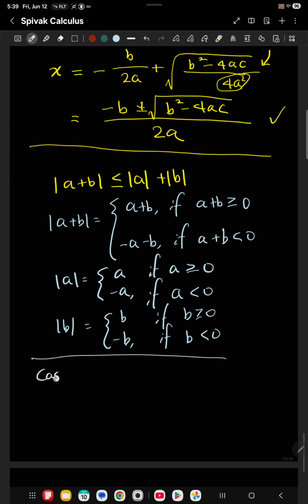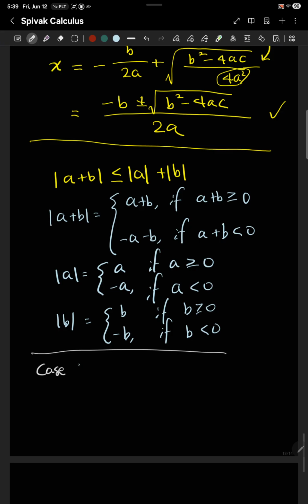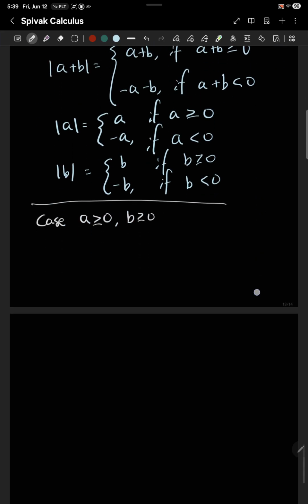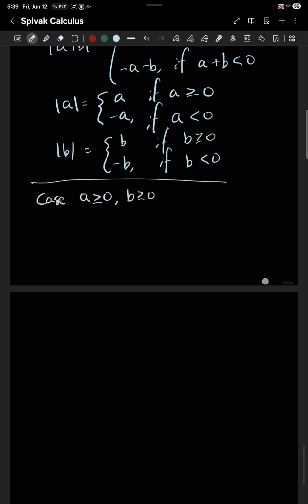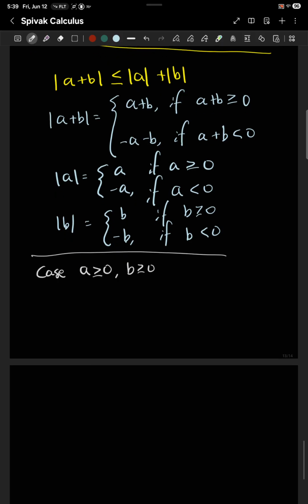Case 1: a is positive or greater than 0, and b is also positive or greater than 0, or equal to 0. Somewhat of a misnomer here, because I have to include the 0 too.